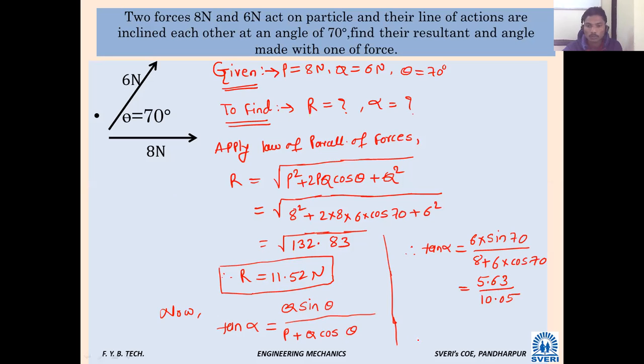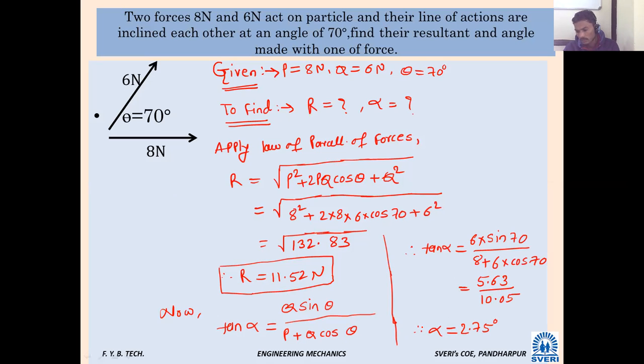Okay. Tell me value of alpha. 2.75 degree. Okay. Not 2.75. Just check once again.